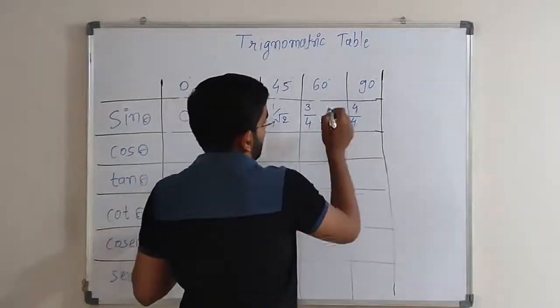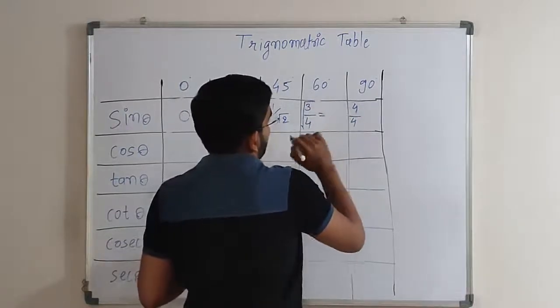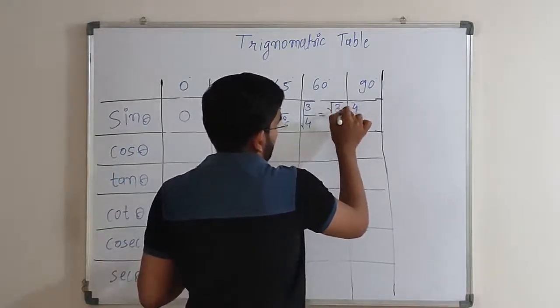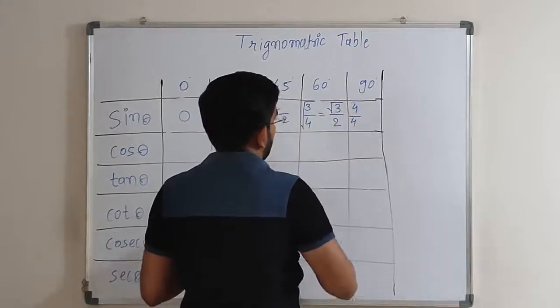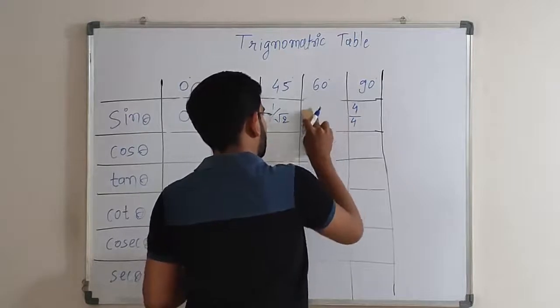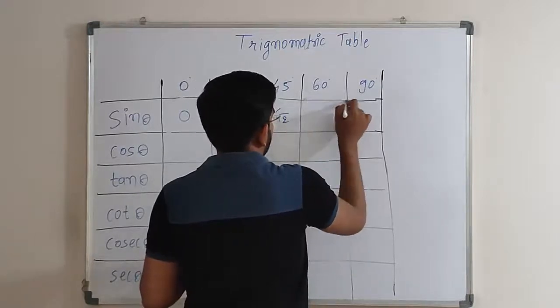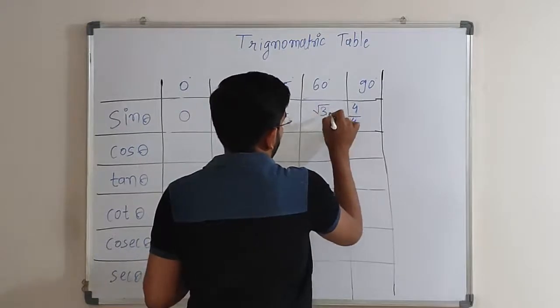It will be the square root of root 3 by 4, which is root 3 divided by 2. So the answer is root 3 by 2.